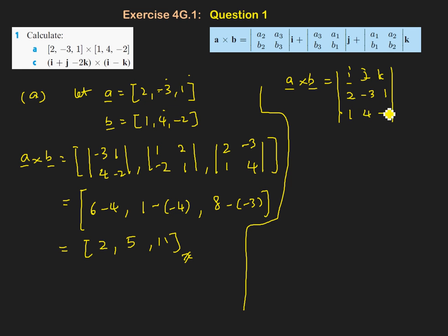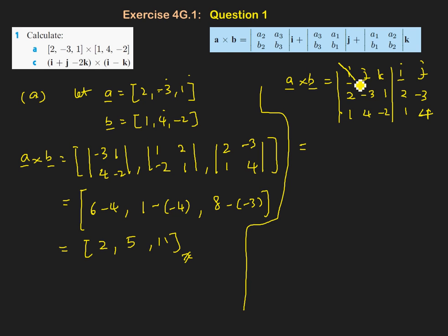And now I'm going to copy the first column here, i, 2 and 1, and the second column, j, -3 and 4. Be careful there. So we'll start by doing this cross product, something like this.